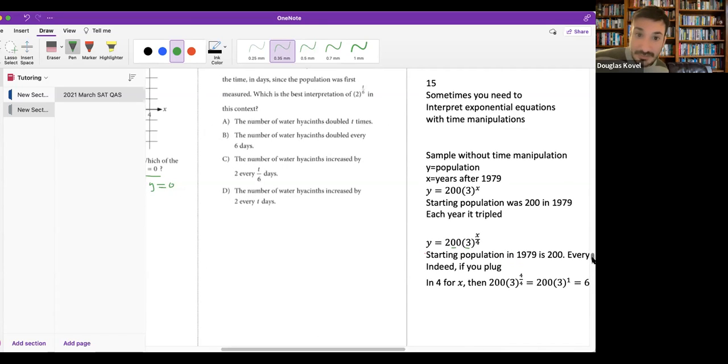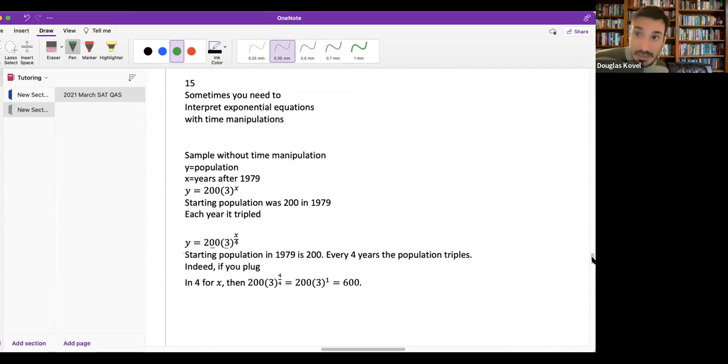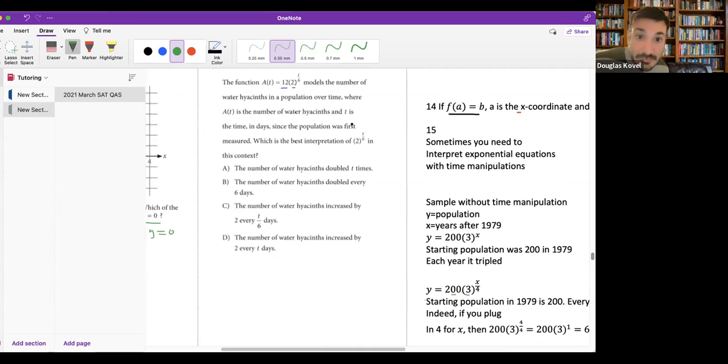We see the exact same situation pretty much in 15. So they give us this function for the population of water hyacinths over time. They tell us A of t is the number of water hyacinths and t is the time in days since the population was measured. So they want to know the interpretation of 2 to the t over 6.